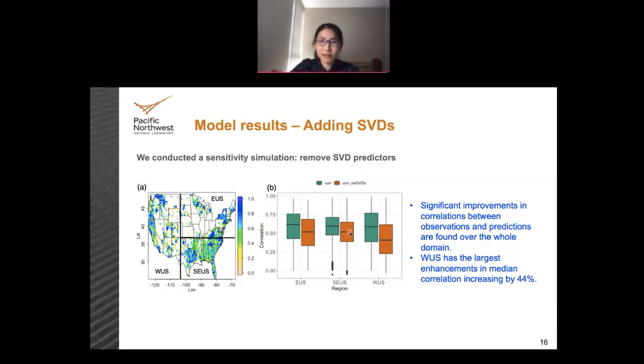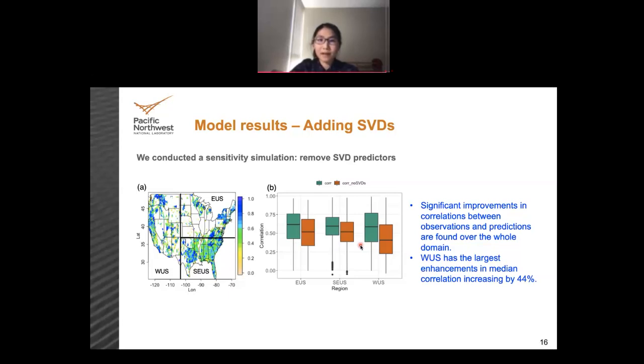And we found that when we include the SVD predictors, compared to the model without SVD predictors, there's a significant improvement for different regions in CONUS. So indeed, including those predictors that describe the large-scale circulation patterns helps the model prediction.